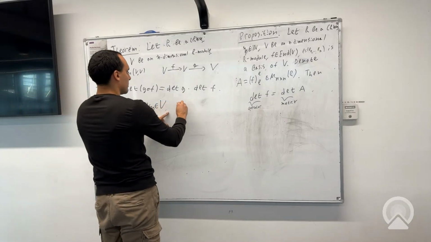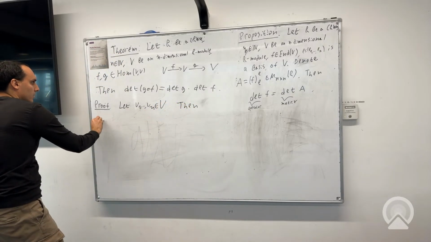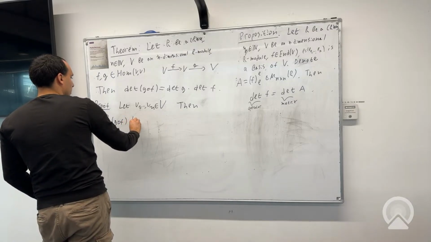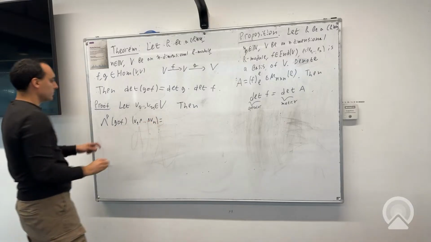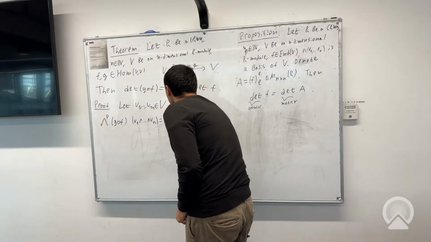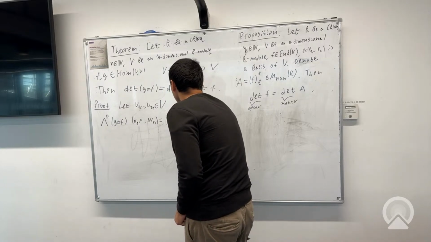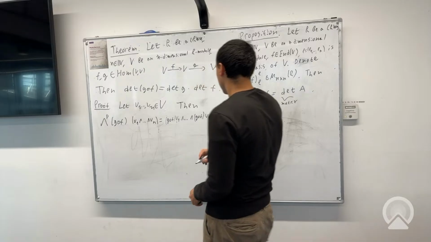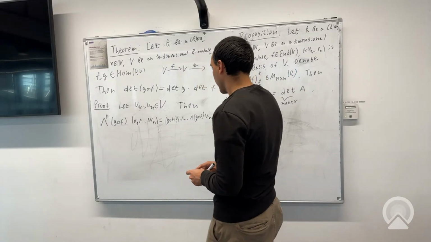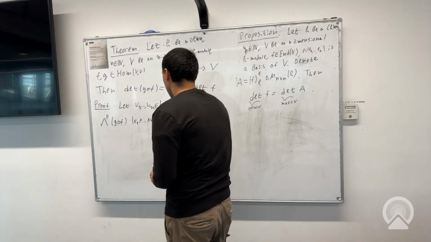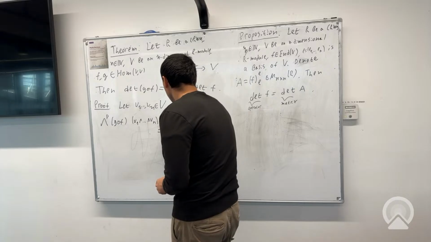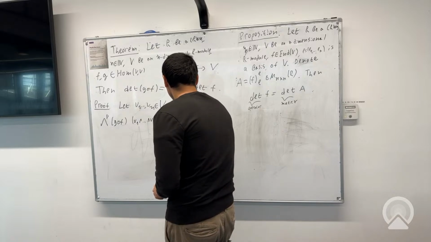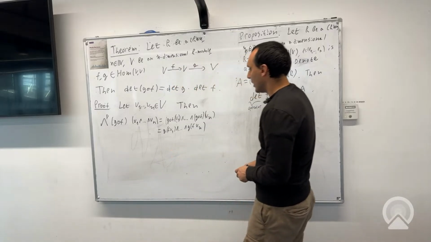Then lambda n of G composed with F, applied to V1 to Vn, is lambda n G of F V1 to F Vn, by expanding the composition.